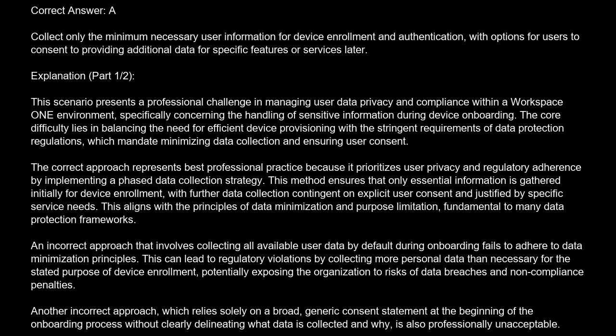This aligns with the principles of data minimization and purpose limitation, fundamental to many data protection frameworks. An incorrect approach that involves collecting all available user data by default during onboarding fails to adhere to data minimization principles. This can lead to regulatory violations by collecting more personal data than necessary for the stated purpose of device enrollment, potentially exposing the organization to risks of data breaches and noncompliance penalties.